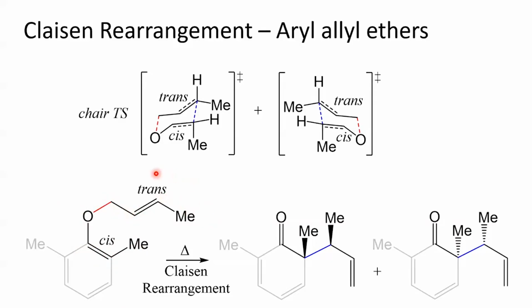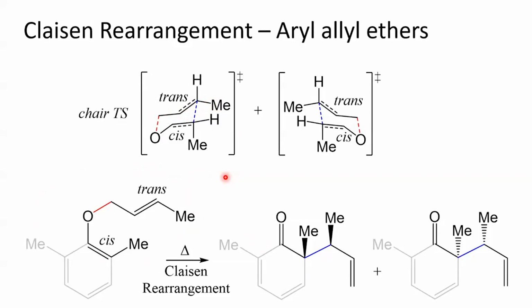What we need to do is now relay that information into our transition state with our oxygen at the bottom. For the methyl group to be in a cis configuration, we're going to place it downwards in the axial position, recreating this cis conformation. Whereas for the top double bond, we're going to have to put our methyl group in an axial position to recreate this trans configuration that we see in our starting material.